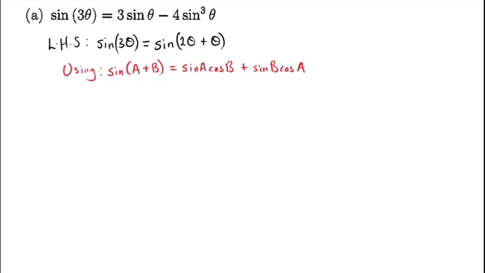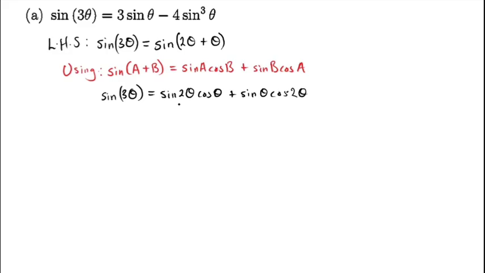So let's substitute. This means that sine 3 theta is now equal to, if we apply the identity, sine 2 theta cos theta plus sine theta cos 2 theta.